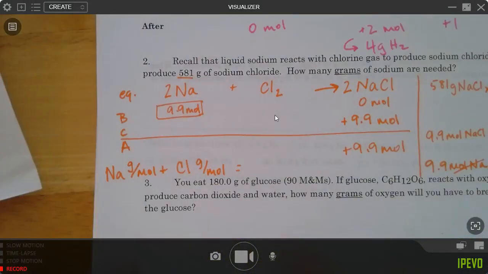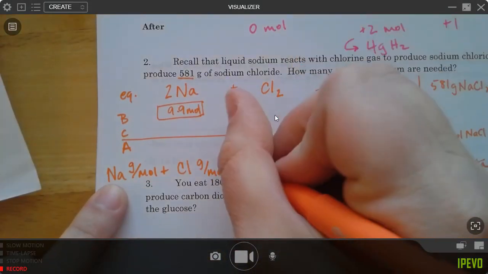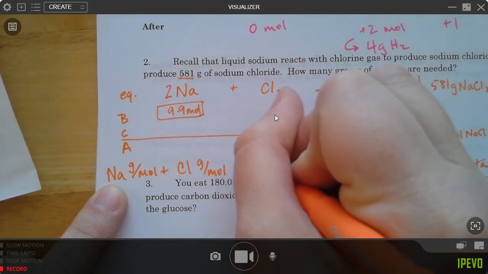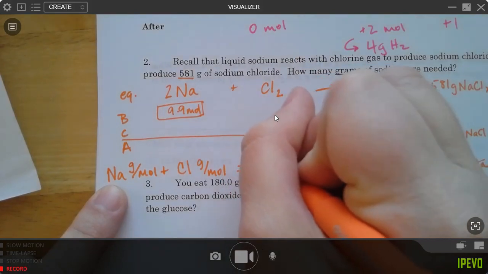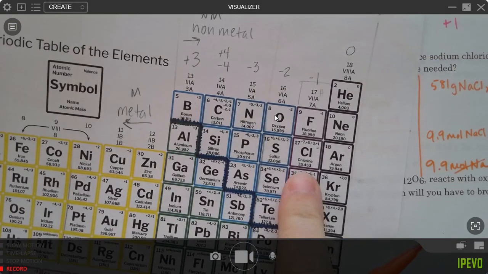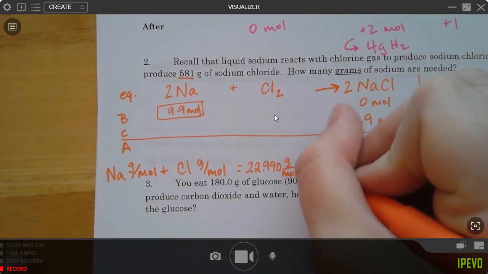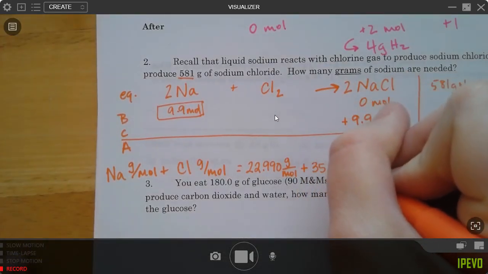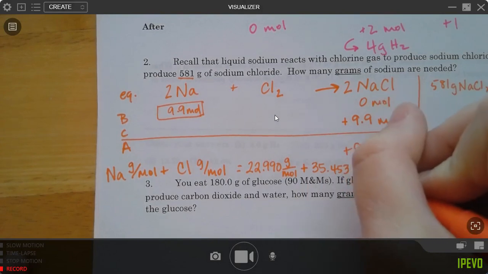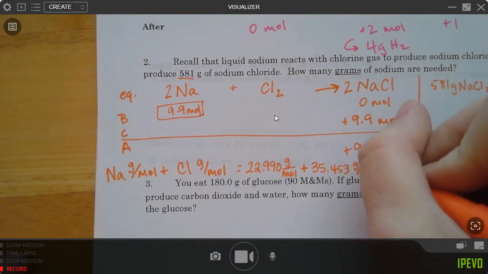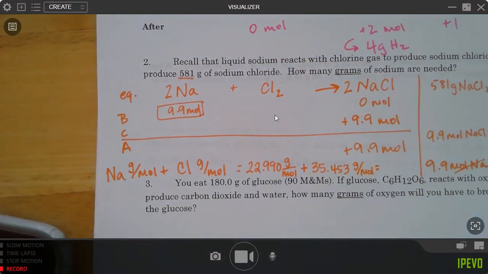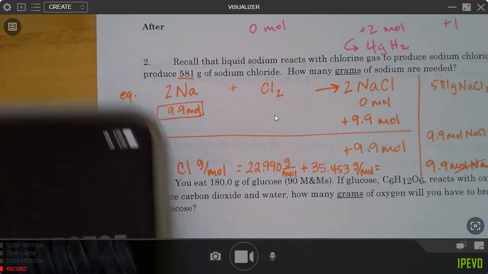So what that's telling me is that my atomic mass for sodium is 22.990 grams for every mole that we have. And I'm going to add to that the atomic weight for chlorine, for a single chlorine atom, which is 35.453. And that's how many grams 1 mole of chlorine will weigh, how much mass it has. And then we add those together in our calculator.